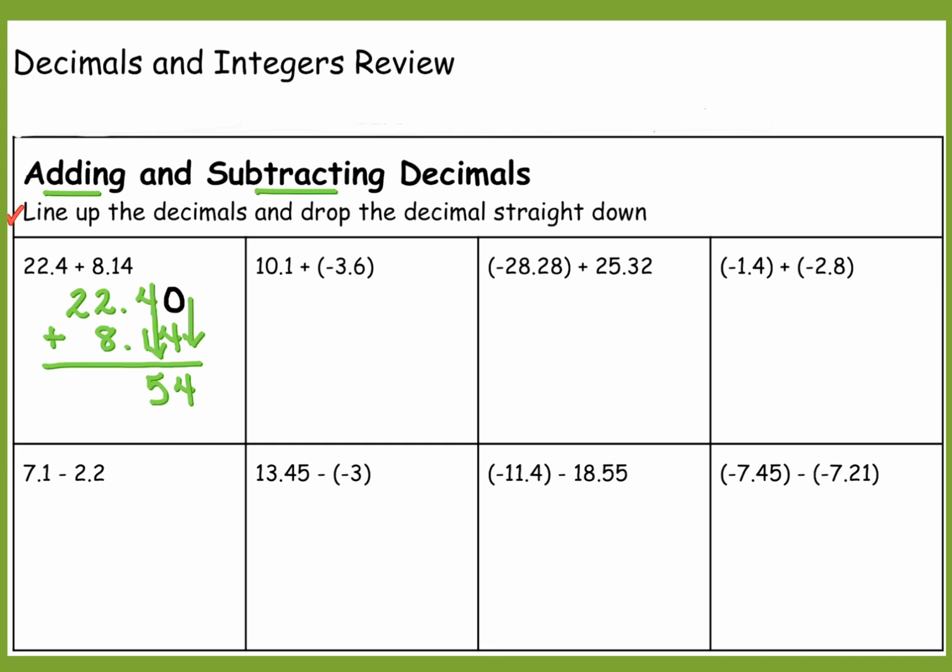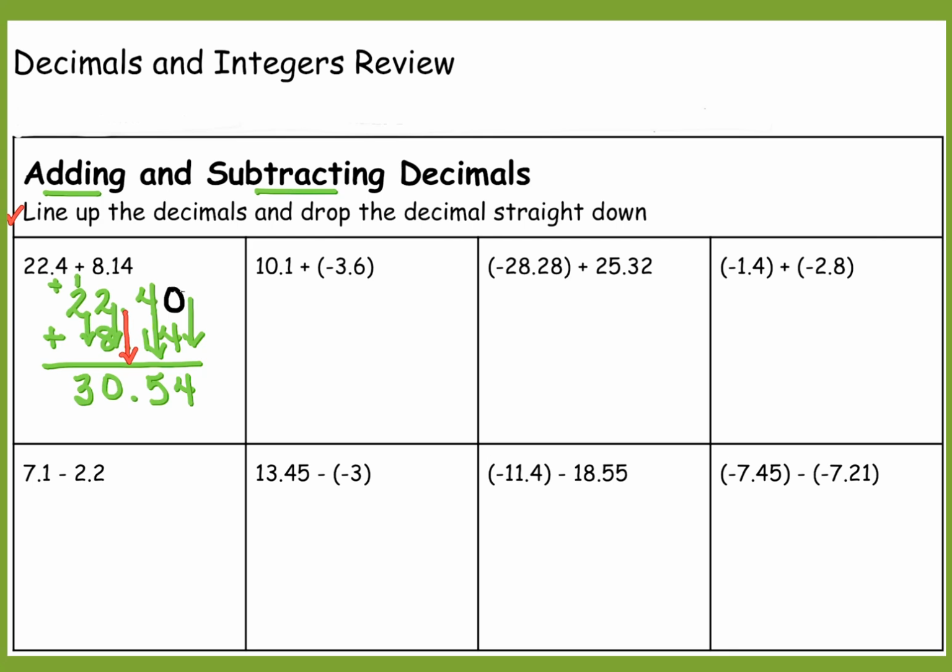We remember to drop that decimal point straight down. 2 plus 8 is 10, so let's carry that 1 plus 1 up there, and then 1 plus 2 is 3. So our answer here is 34 and 54 hundredths.